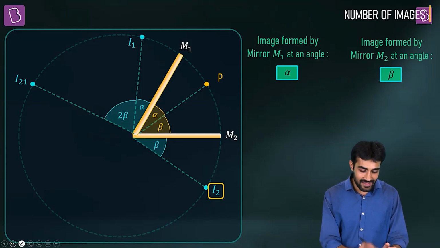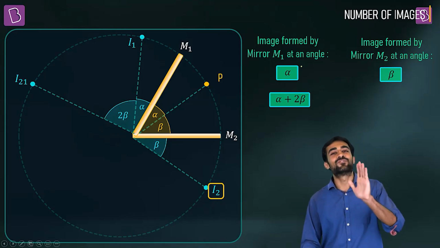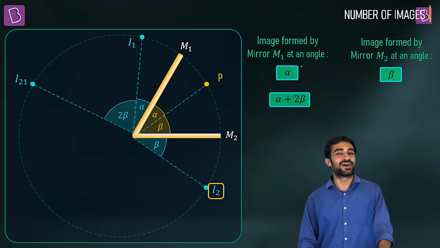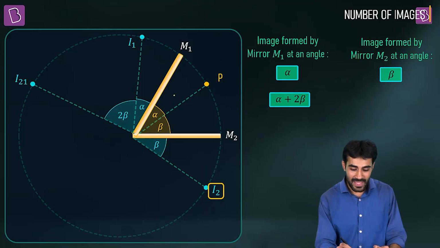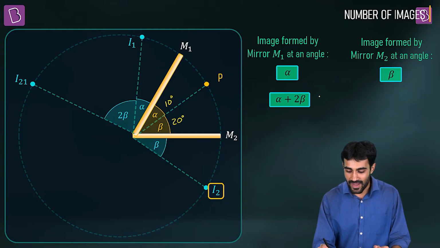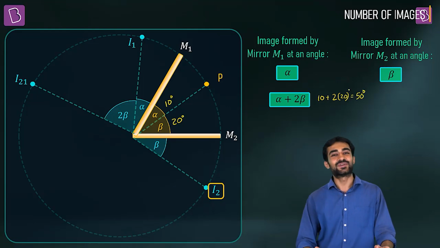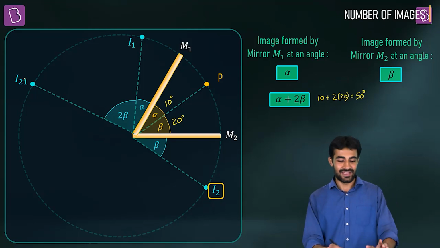In our question, do you remember what was alpha and beta? Yes, we do. Alpha was 10 and beta was 20. So 10 plus twice of 20. This is coming out to be 50 degree. Good. 50 degree. This is the angle of the second image.